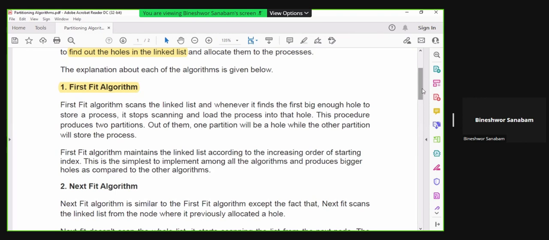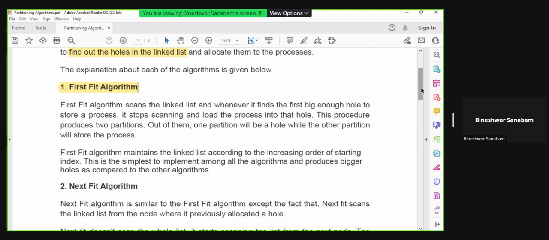Whenever we have free memory, we have to check whether it is capable of being allocated to the new process that requests it. The algorithm starts scanning the linked list from the beginning, and checks for the first partition where it can allocate the request of the process.